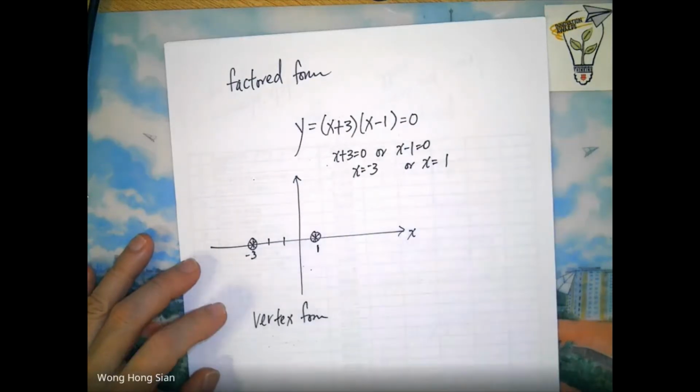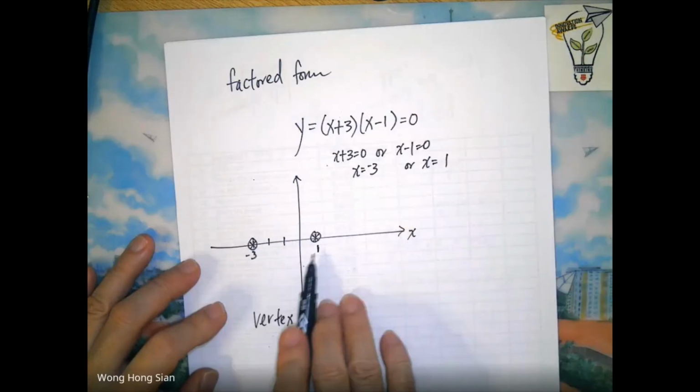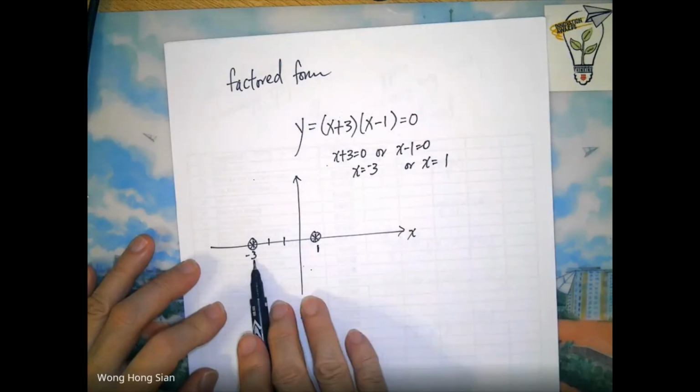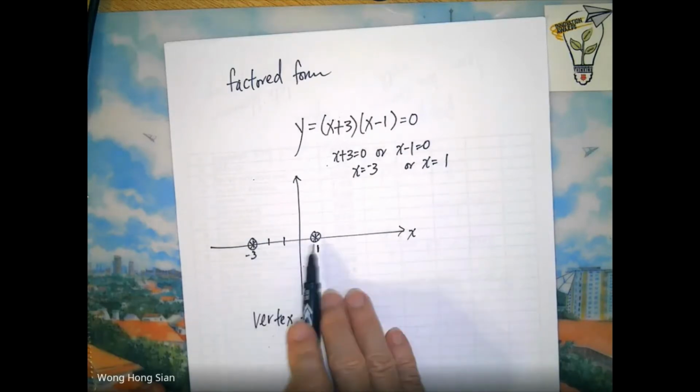Next, if you see that this is 1 and this is negative 3, the beauty of a quadratic equation is that it is symmetrical. So if you want to find the maximum point or the minimum point, the turning point, you are going to look for the center of this line.